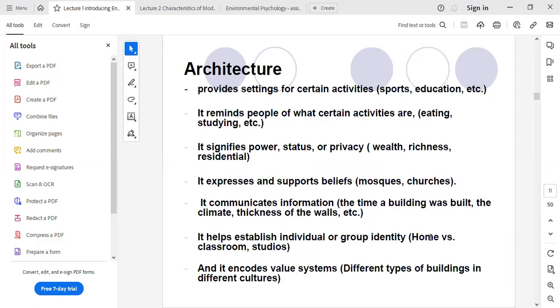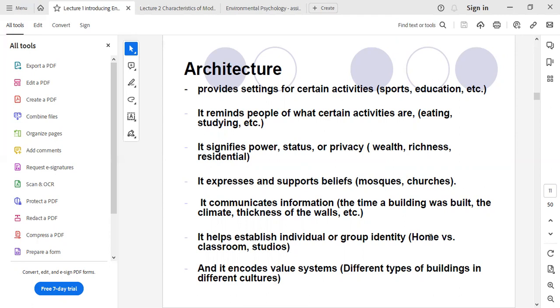Now moving to another concept, architecture, which is also an influence when it comes to environmental settings. Architecture provides settings for certain activities. Architecture refers to the built settings that are around us, including informational charts, billboards, and anything that is erected by a human being for their benefit and purpose.